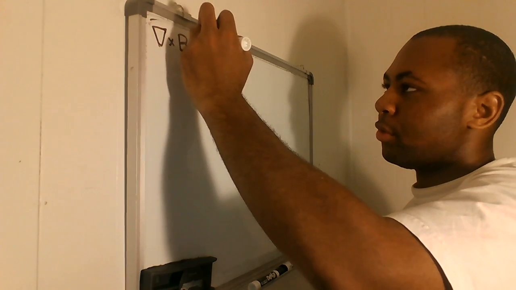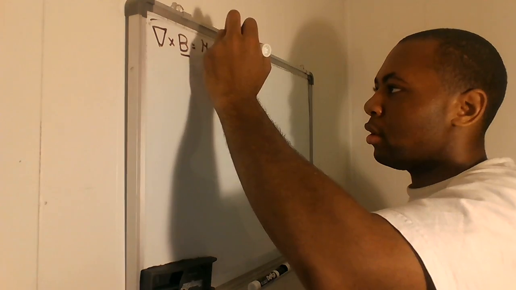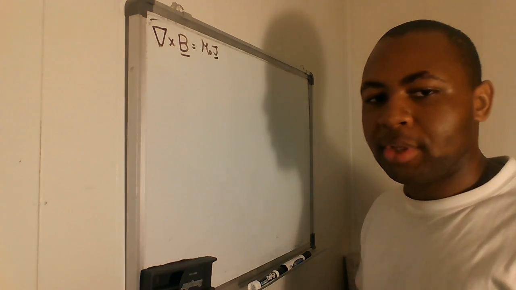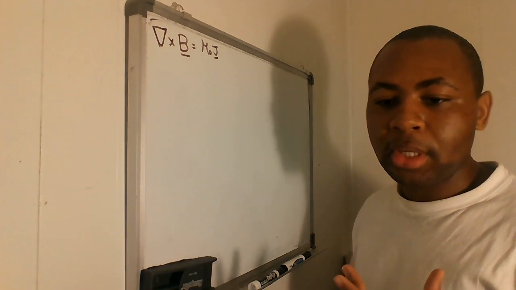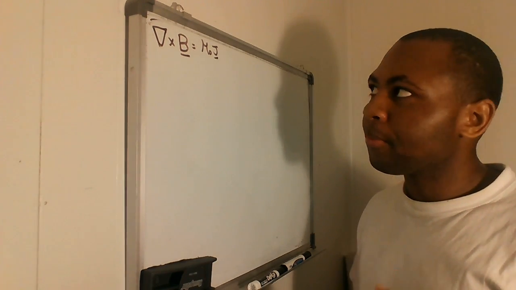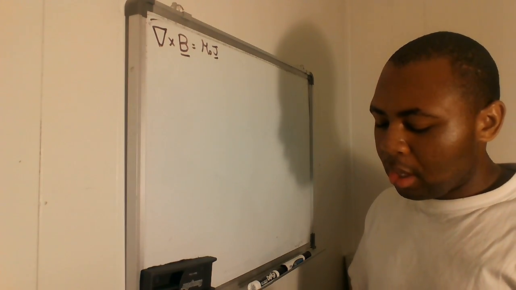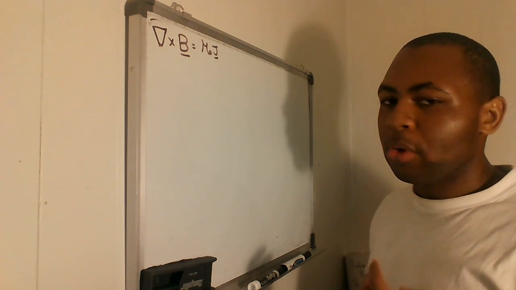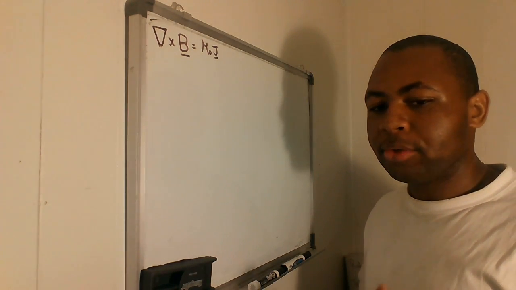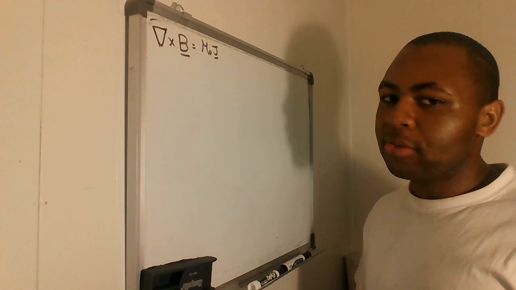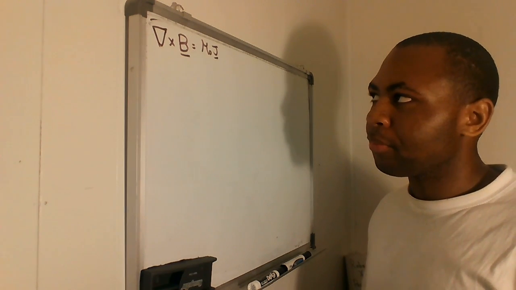Well, the cross of an electrostatic B field is mu naught J, sort of in the same sense that the divergence of an electrostatic E field is the charge density. So we have this mu naught J, and how do we go about proving that for a time-dependent charge there needs to be some other consequence of this cross product?